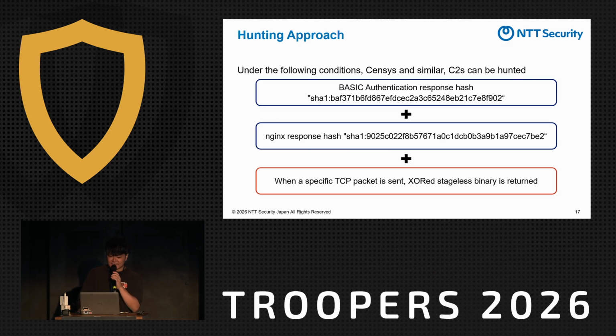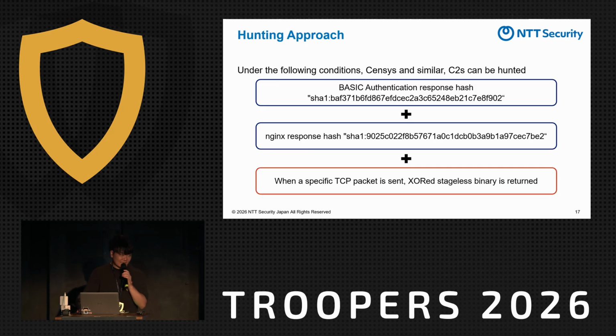Then we will explain a method for hunting VShell servers by leveraging the characteristic behavior in which VShell servers return distinctive network responses. It is possible to discover servers using scanning services such as Censys and Shodan by specifying certain conditions. The conditions are a combination of two factors: number one is the response pattern of basic authentication, and the other is the response pattern of the default Nginx page.